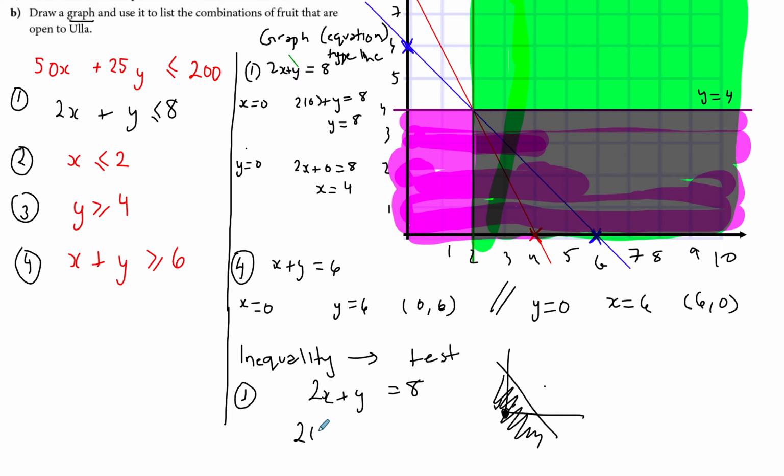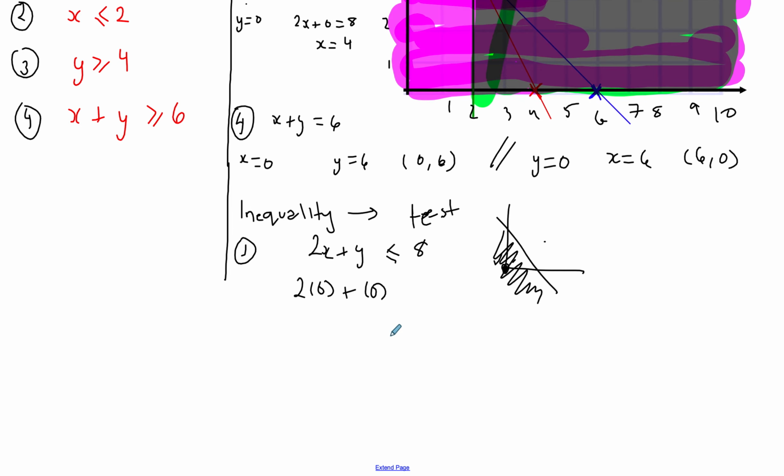Sorry, we're not talking about equals 8. We're talking about less than or equal to 8. So we want to see, is this true? 2 times 0 is 0, plus 0 is 0. So we have 0 less than or equal to 8, which is true. So the point 0, 0 belongs in the region.